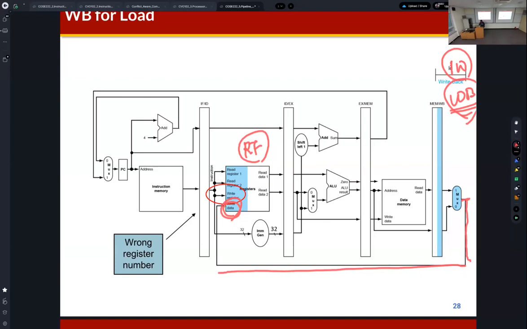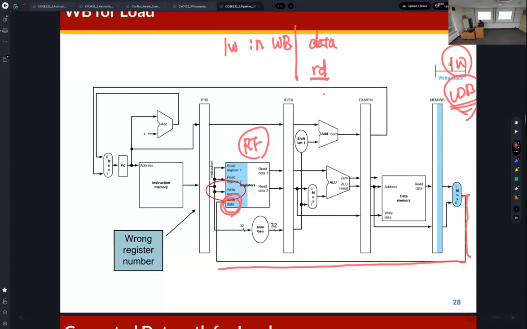The problem is that the load word is in the write back stage. So in order to store data, we require data and RD. Right, the generated data is stored to the register file indexed by RD. So in order to store data, we also require RD.